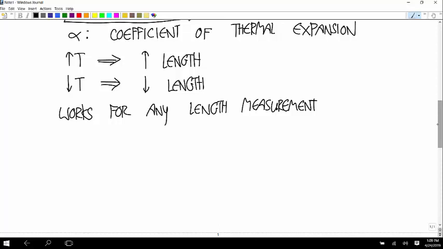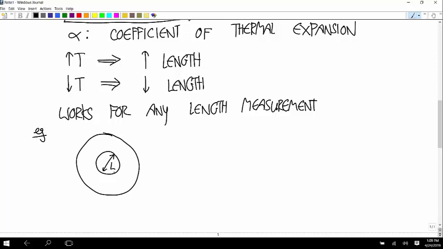And so when I say it works for any length measurement, think about a material like this. For example, let's say that you have a torus-shaped material. What happens if you increase the temperature of that? What happens to this length?